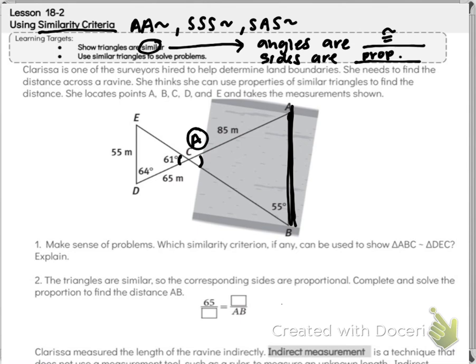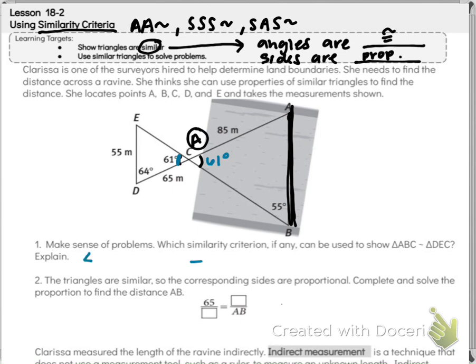So we have this angle right over here, that's 61, and I know that this one over here is also going to be 61 degrees. I know those are congruent because they are vertical angles. So we're going to write that down.